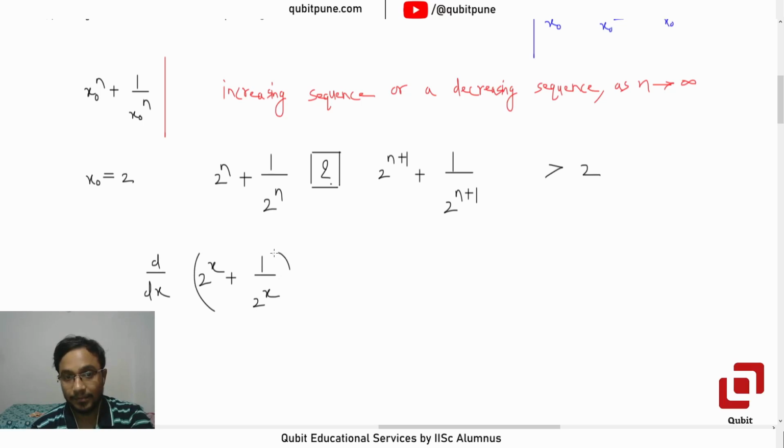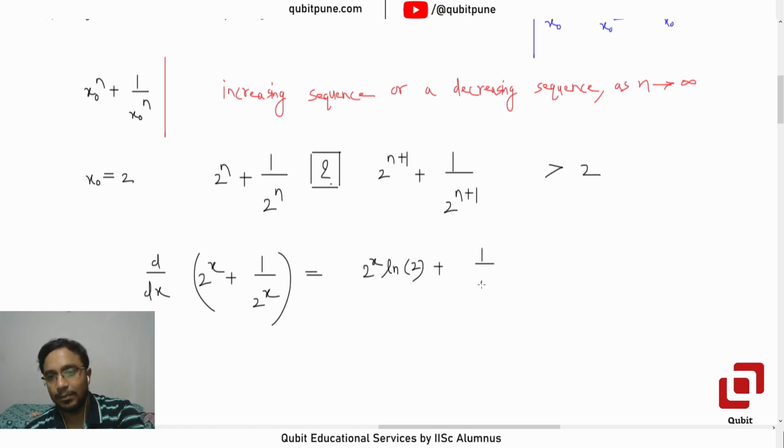let's see what we get. We will get 2 raised to x ln 2 plus, now this is 2 raised to negative x, or 1 upon 2 raised to x, so that will be 1 upon 2 raised to x into ln 2.